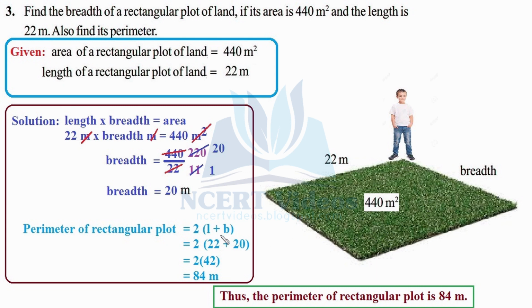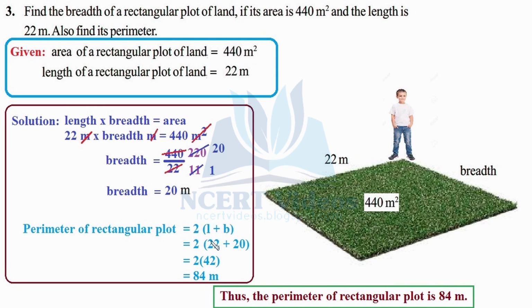So don't cram the formulas, as we always say. Try to conceptualize it so math becomes fun. We're just placing in the values. What is length? Length is 22 meter plus breadth, how much? 20 meter. Now we are not taking units because we are just computing, calculating, and at the end we will attach them.